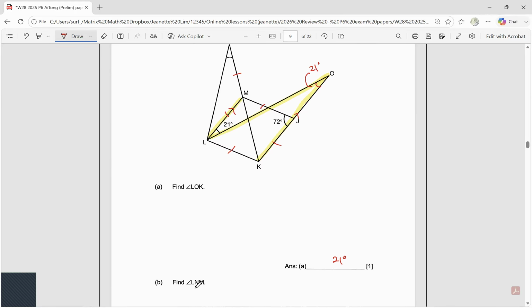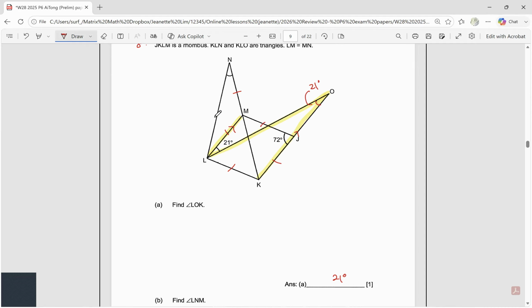Next one, LNM, which is here. Firstly, this is a rhombus. How I want to find this is using this isosceles triangle. Then I will minus this angle divided by 2.